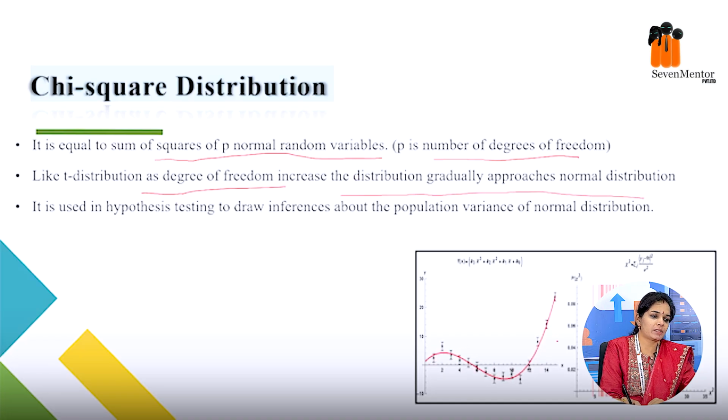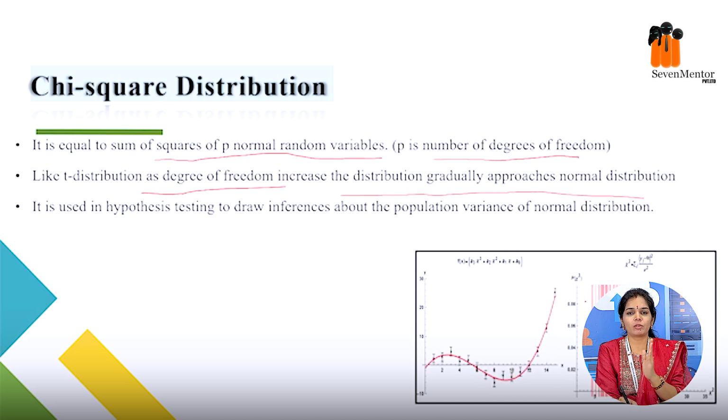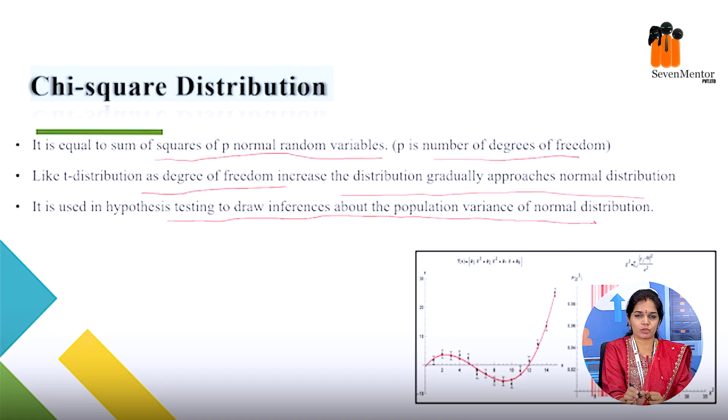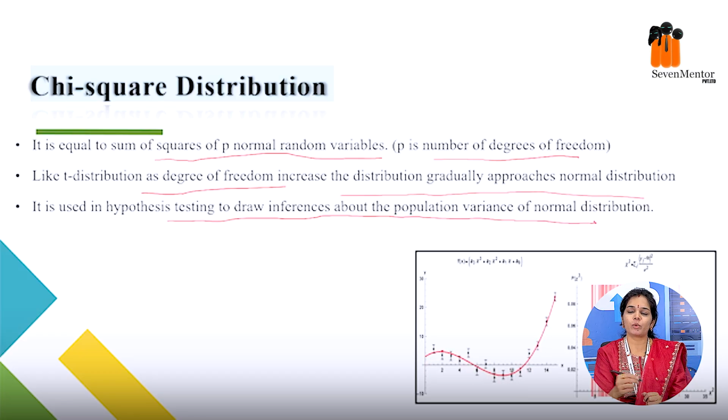See here in this image, the chi-square distribution is almost like your normal distribution. It is highly used in hypothesis testing to draw inferences about the population variance of a normal distribution. This is the chi-square test that is used in hypothesis testing.